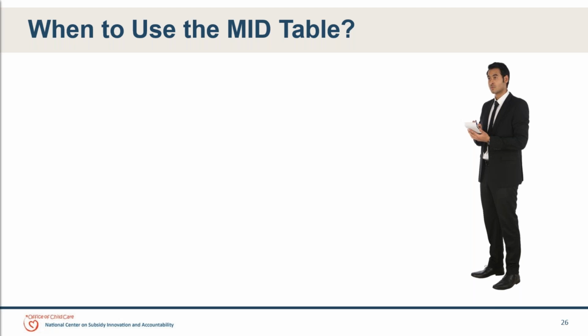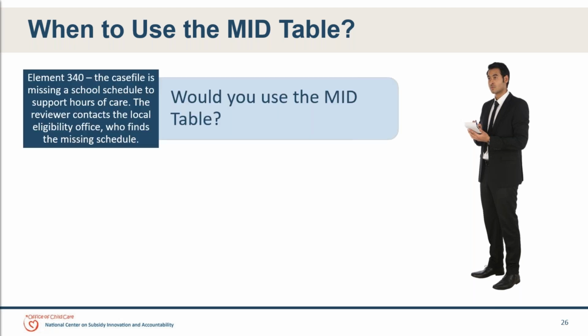Okay, so here are a few scenarios to put you on the spot again to test your understanding of when to use the mid table. And again, you can use your chat box, or if you want to speak up, you can raise your hand. First, in element 340, I'll go ahead and read this. The case file is missing a school schedule to support hours of care.